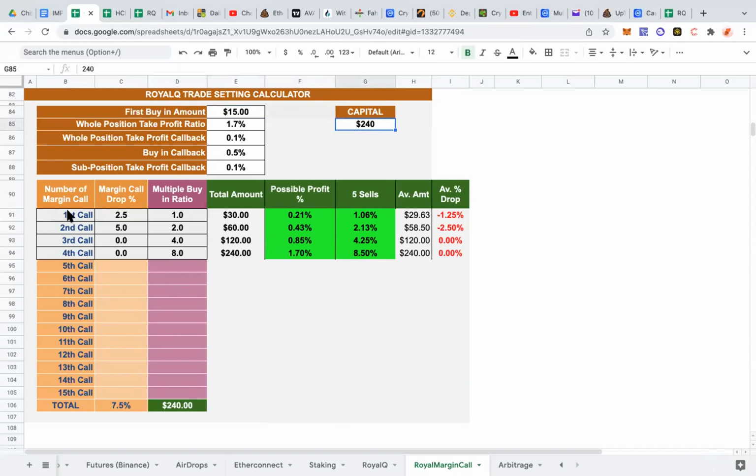If you have that sale from the first call, let's say it invested another $15 to make it $30, that will be 0.2% of your capital. And if the market is bullish and it has 5 sales that day, it would have made you 1% of your capital. You understand? So their expectation daily should be between 0.1% to 1%.